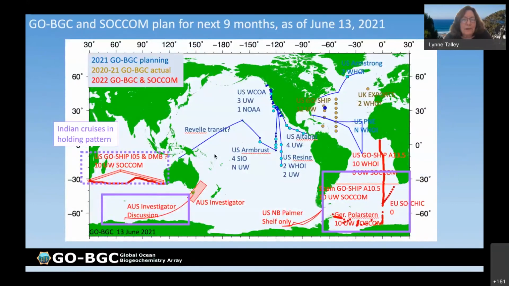Planning for the next 9 months. This is the sketchboard where we put our cruises on the map, see if we have enough floats, figure out where they're going, start to pick positions. And in purple in the south side of this is the SOCOM plans, and in the blues and in the northern part are more the GO-BGC, but they're kind of mingled.